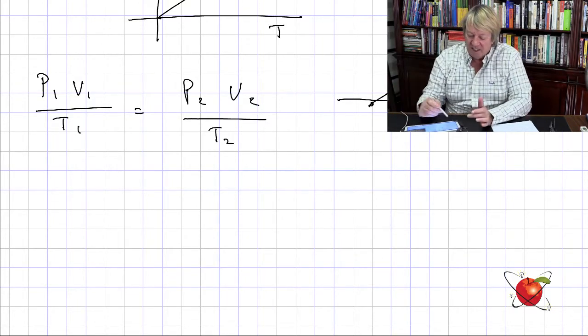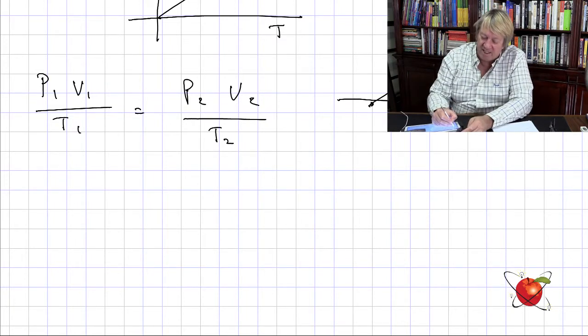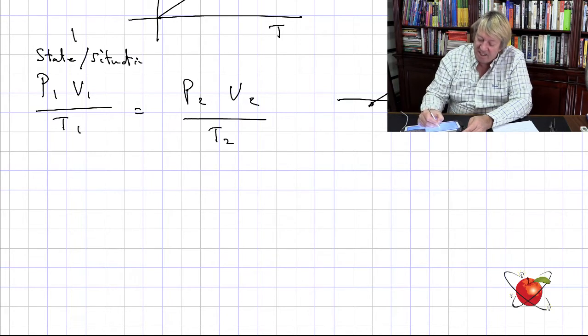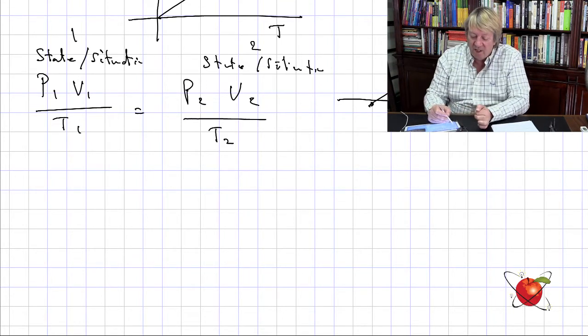It's saying that if we know situation 1, let's call this state or situation 1, and this is then state or situation 2, pressure, volume, temperature, we can work out the unknown.